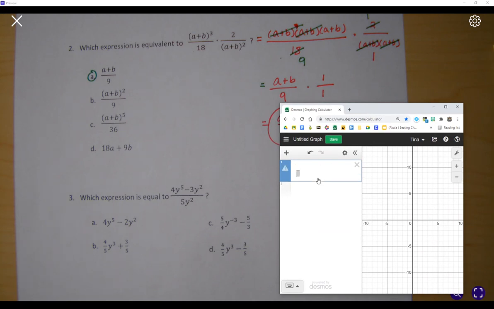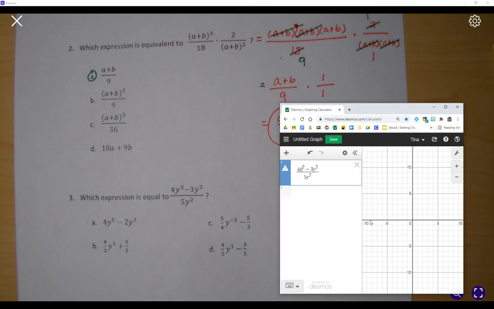So I'm going to put 4y squared minus 3y squared over 5y squared. Nothing happens because it's expecting you to graph something.